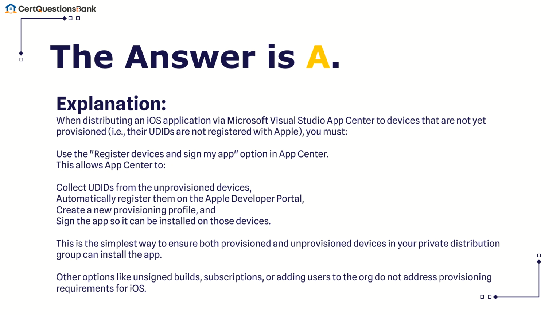This allows App Center to collect UDIDs from the unprovisioned devices, automatically register them on the Apple Developer Portal, create a new provisioning profile, and sign the app so it can be installed on those devices. This is the simplest way to ensure both provisioned and unprovisioned devices in your private distribution group can install the app. Other options like unsigned builds, subscriptions, or adding users to the org do not address provisioning requirements for iOS.